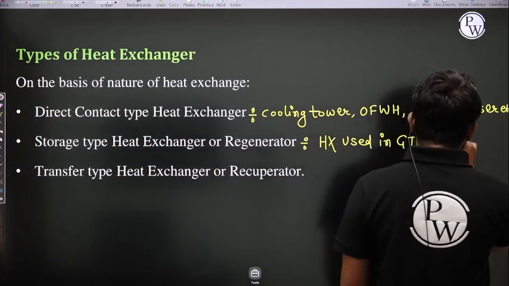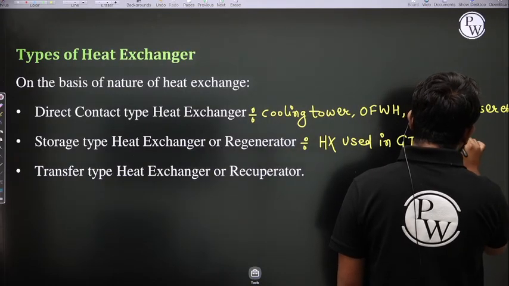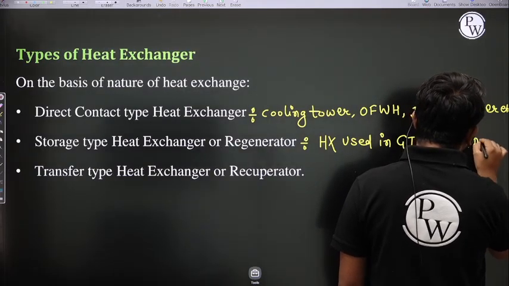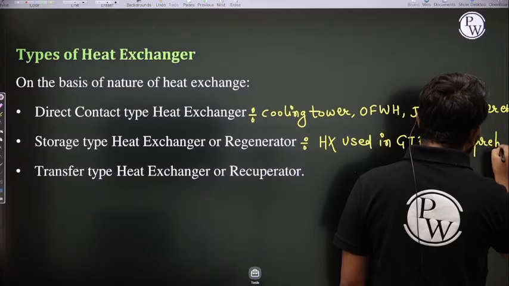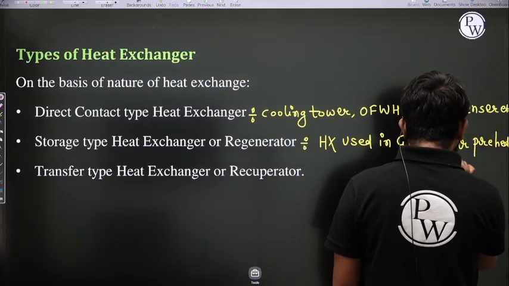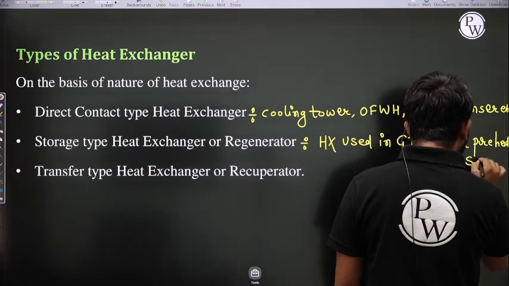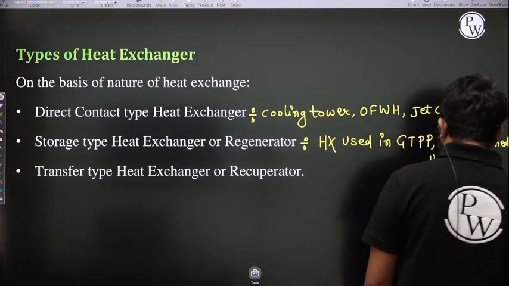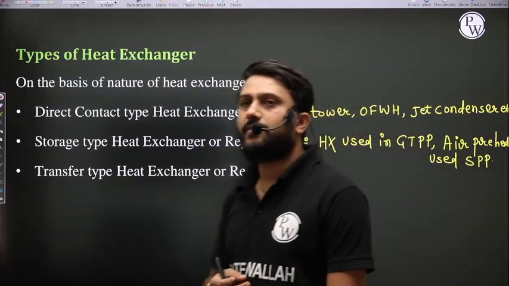Apart from that, the air preheater used in the steam power plant, right?